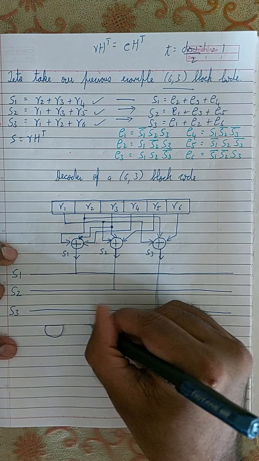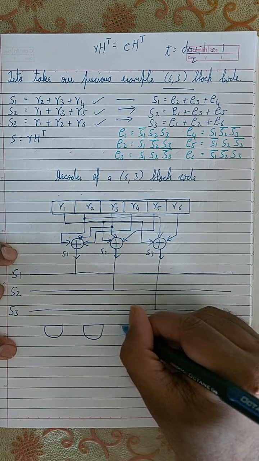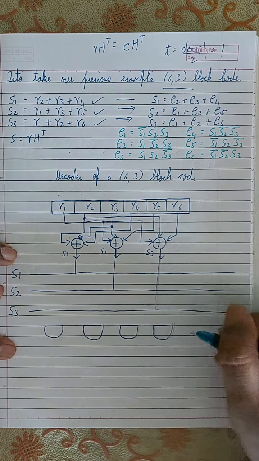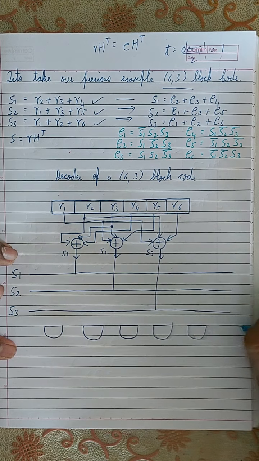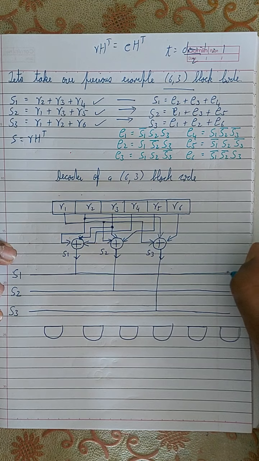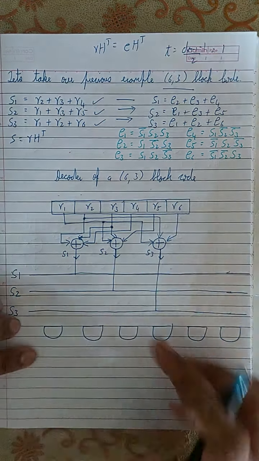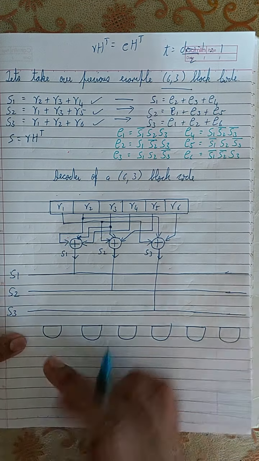Let this be 1, 2, 3, 4, 5, and 6. Good, there's space. Now, this is for E1. What is the equation for E1?